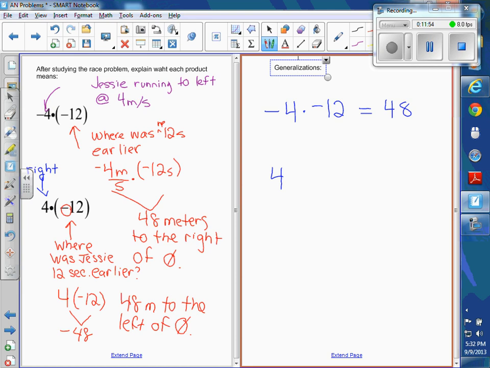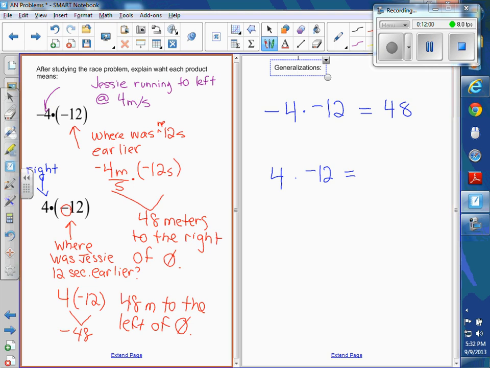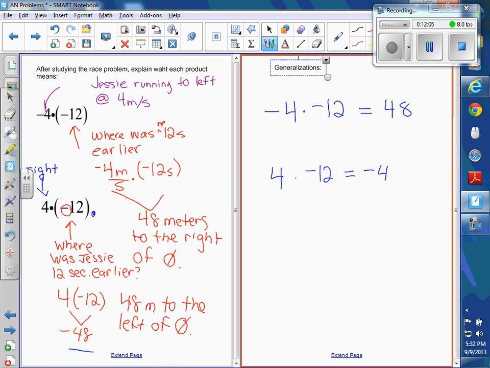So the second one is 4 times a negative 12. And when we did that one over here, we got a negative 48. So remember, when you multiply, you can switch order around.